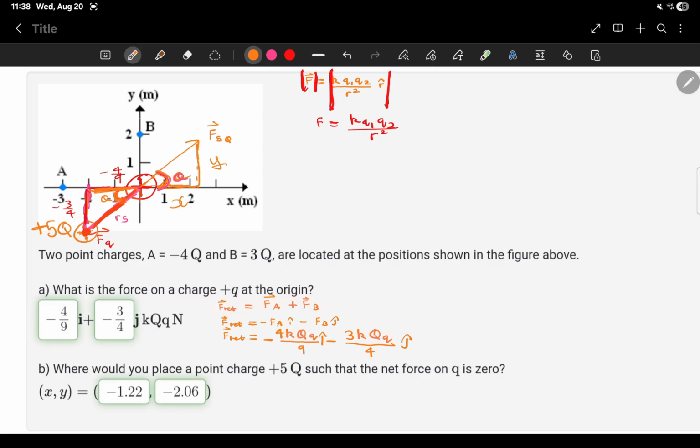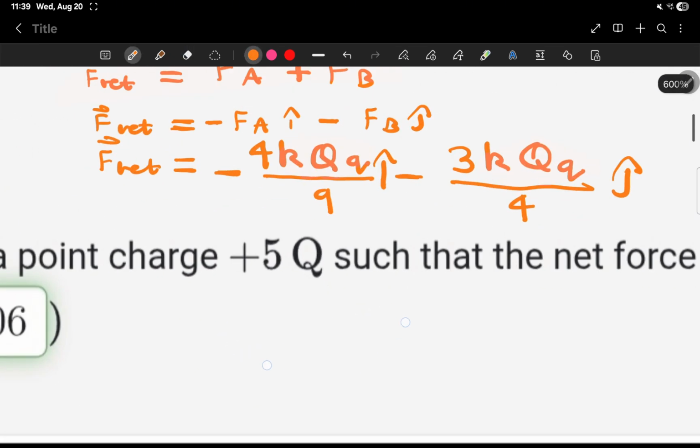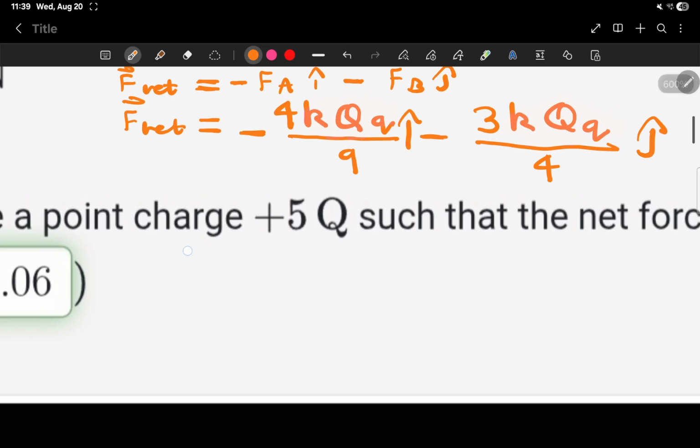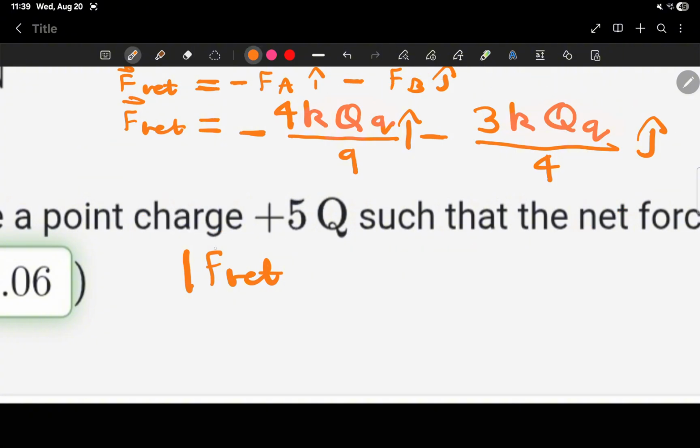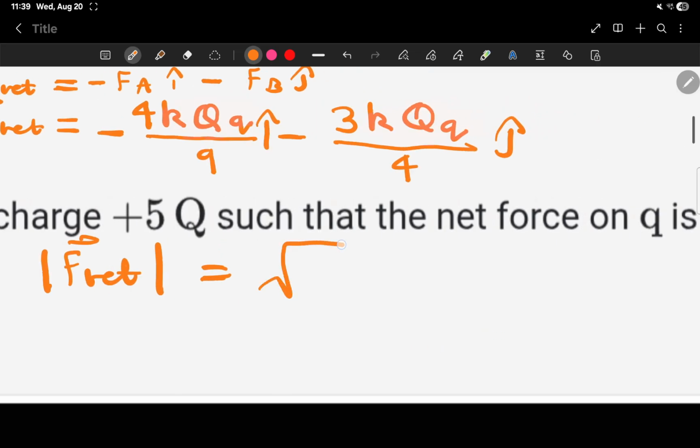Now, the first thing we're going to do is find the radius, the distance between the positive 5Q charge and the charge at the origin, which I'll call R5. To do that, we start with the following. The first thing we need to do is find the magnitude of the net force from part A, which is going to be simple. It's going to be the square root of the x and y components squared.